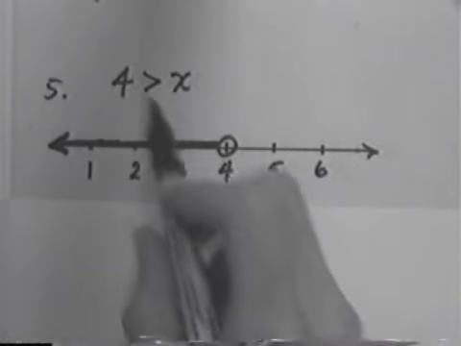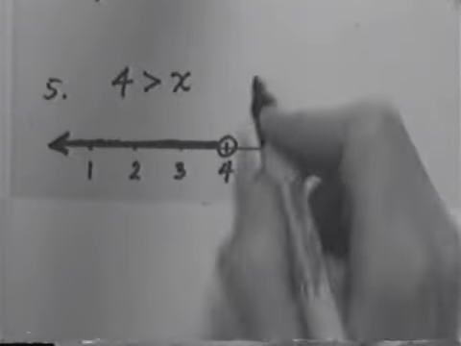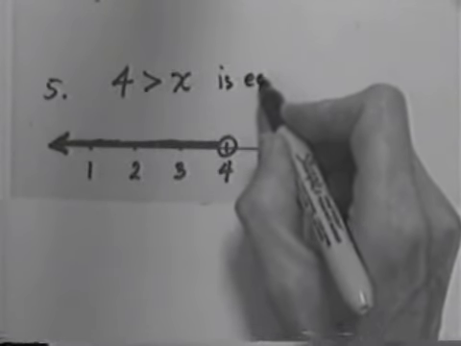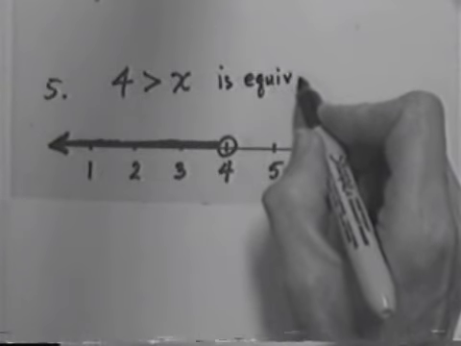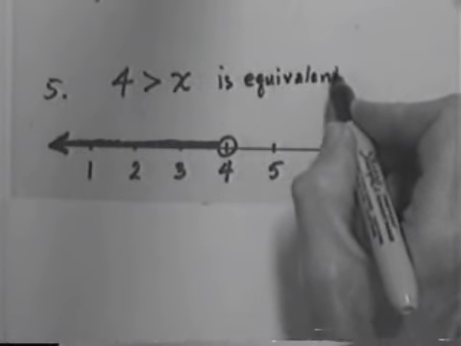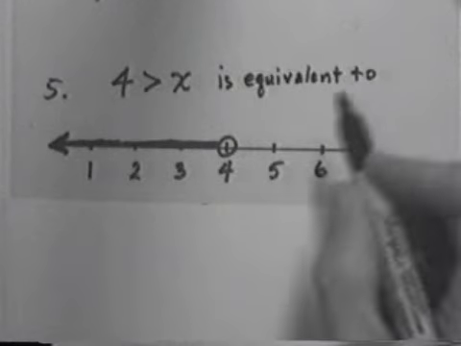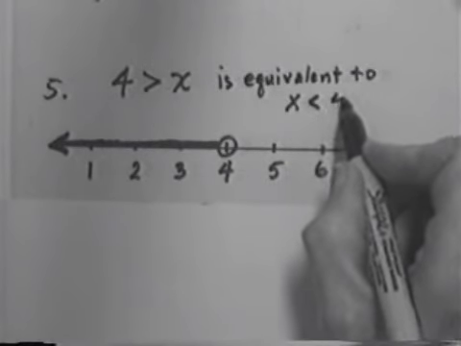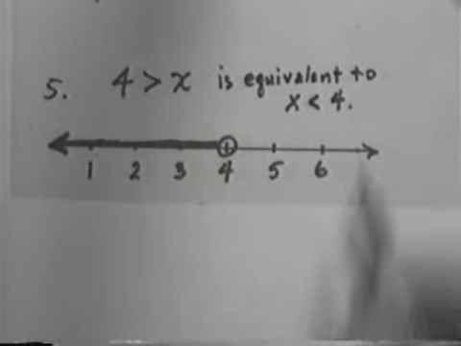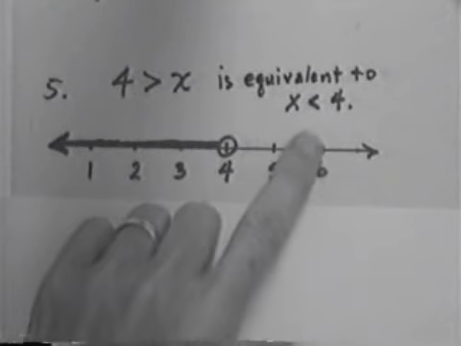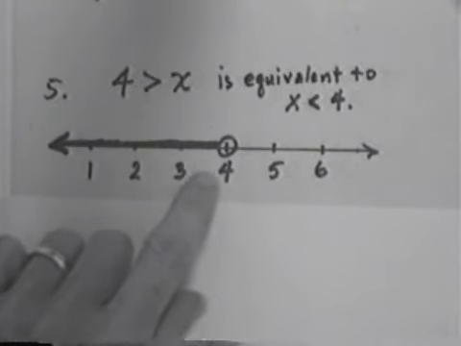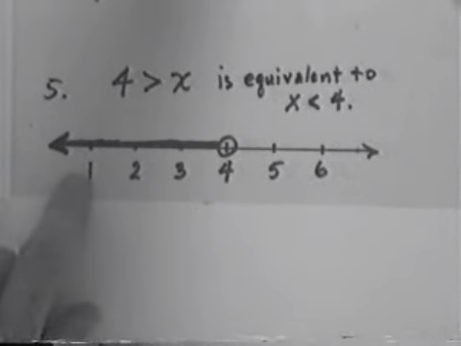So that means that 4 is greater than x is equivalent to x is less than 4. Notice this graph is the graph of numbers that are less than 4.